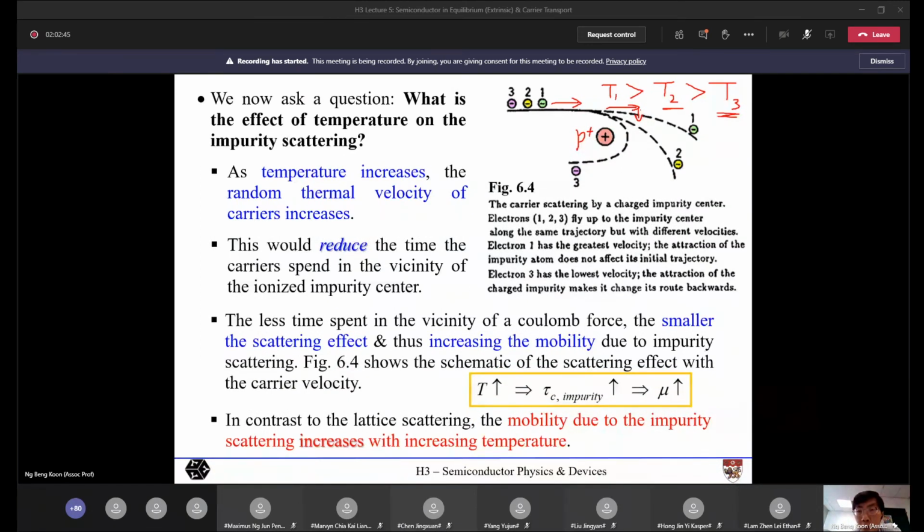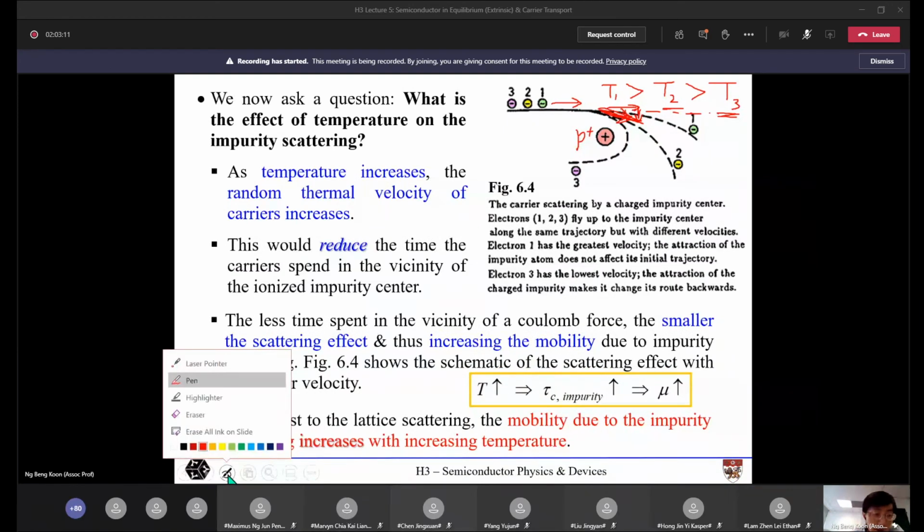So there are 2 velocity components now, and the net velocity will be this one, a vectorial summation of the 2 velocity components. You find that electron 1 will be deviated from its original path. The original path is horizontal, but because of this additional pull from the ionized dopant, electron 1 gets deviated because of this additional velocity component that's added.